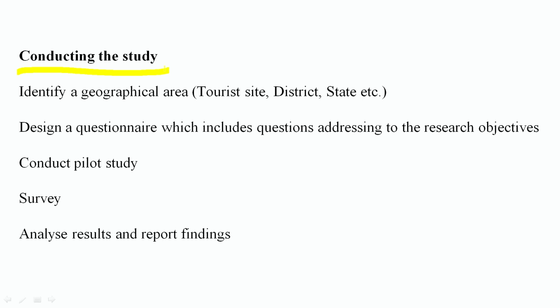So, what is the next phase then? You have to design a questionnaire, and this questionnaire in general deals with the specific problem, and it is not necessary to use a scale to conduct an exploratory study. I will explain what a scale is in the coming videos.